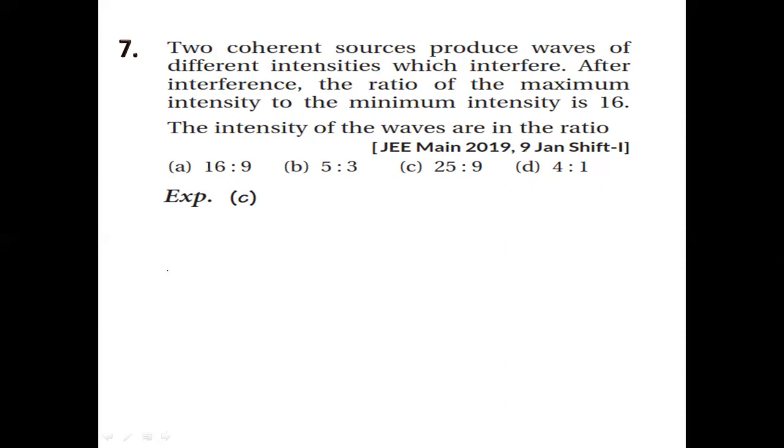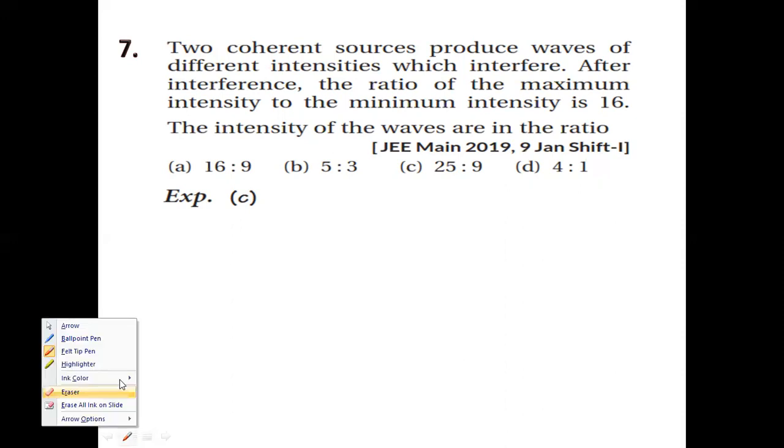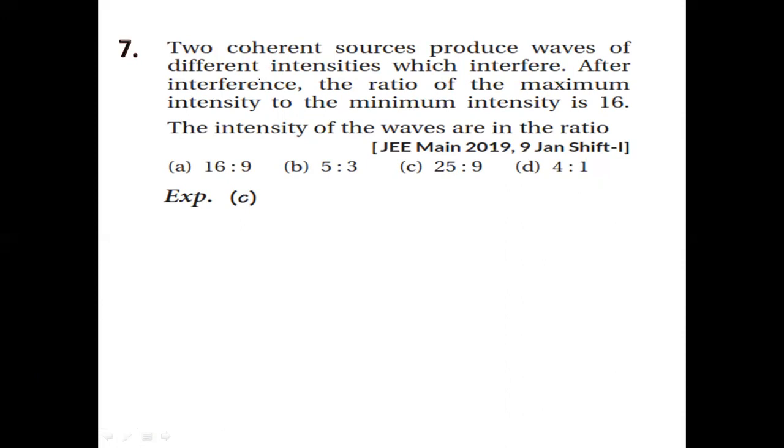Two coherent sources produce waves of different intensity which interfere. After interference, the ratio of maximum intensity to the minimum intensity is 16.